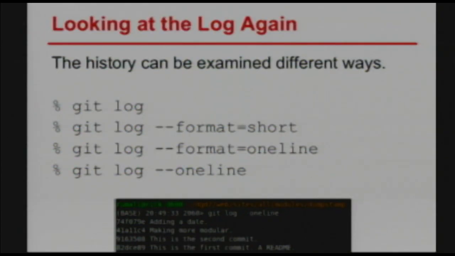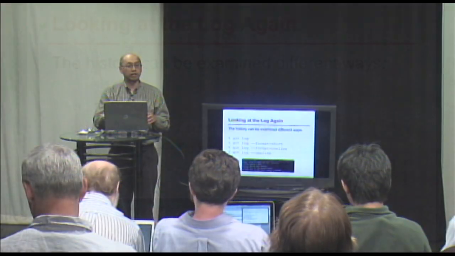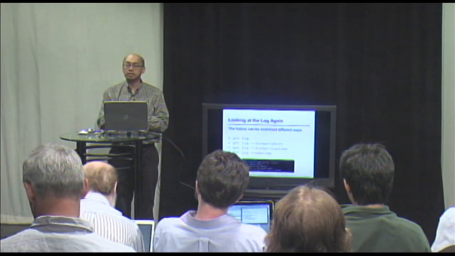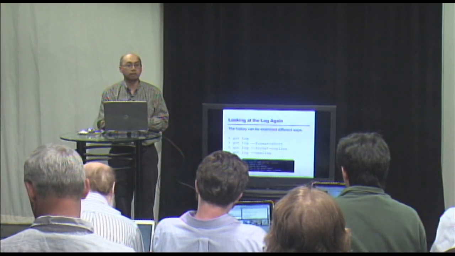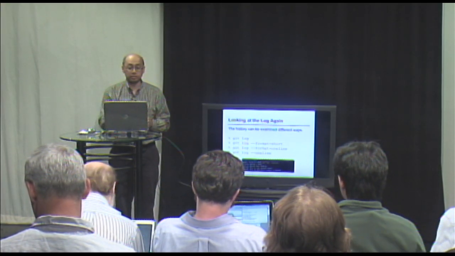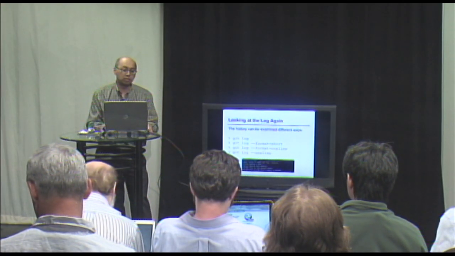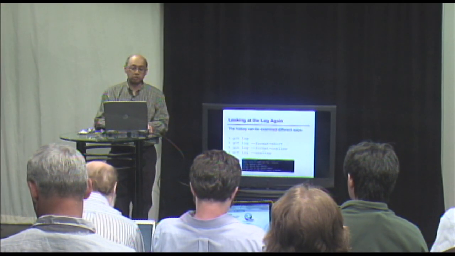The key thing is the mental model. The key thing is that we have created an empty directory, and we started to make changes in that directory. We've added files, we've modified files, and every time we've made a significant change, we've asked Git, please record this in the repository. And that's really the mental model that you need to have when you're doing development with source code control.